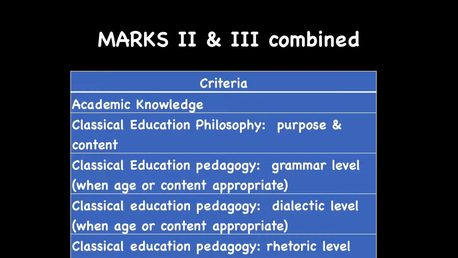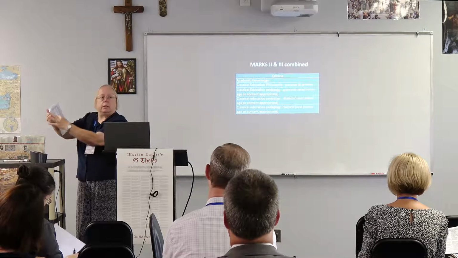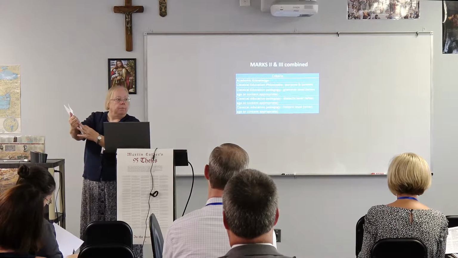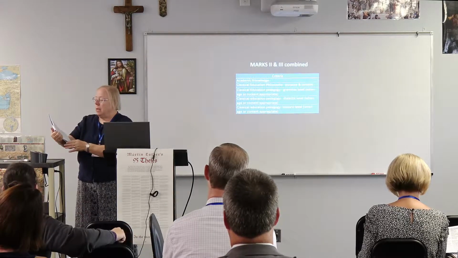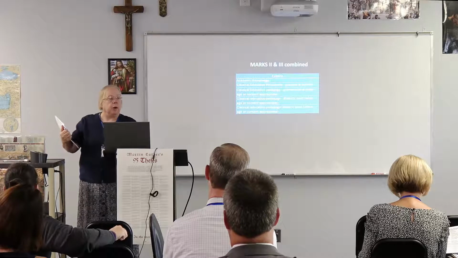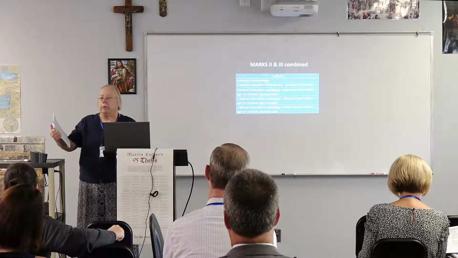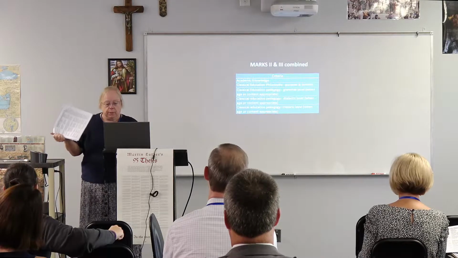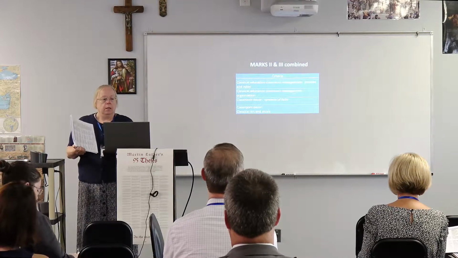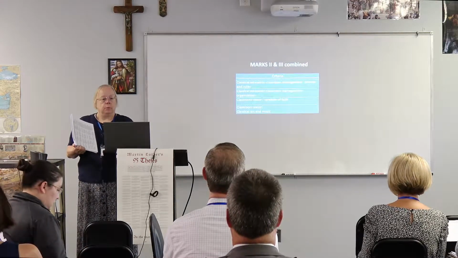It's still the same status of unacceptable, marginal, competent, and distinguished. It's just condensed a little bit, some of the professional duties, and again, the pedagogy at the grammar or dialectic or rhetoric level. Okay, so rubrics, you can see why some people say they're cumbersome. Oh, that's still the combined one.